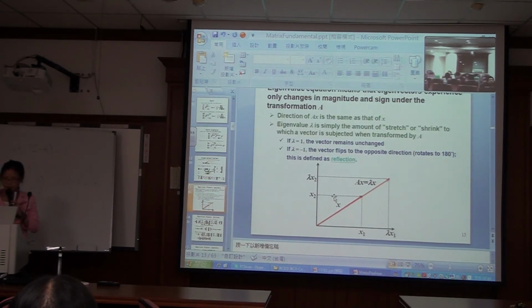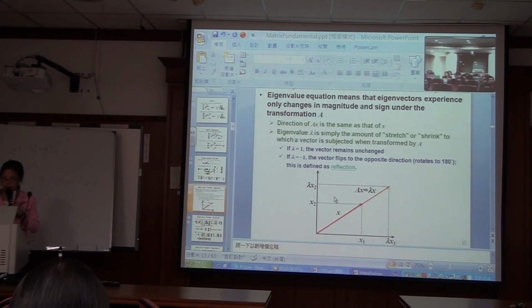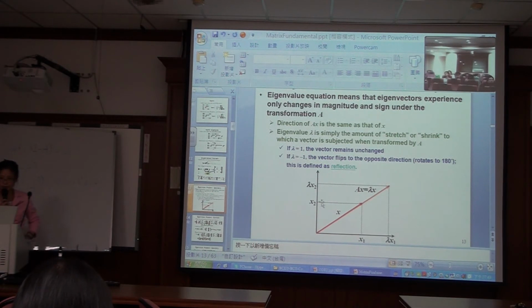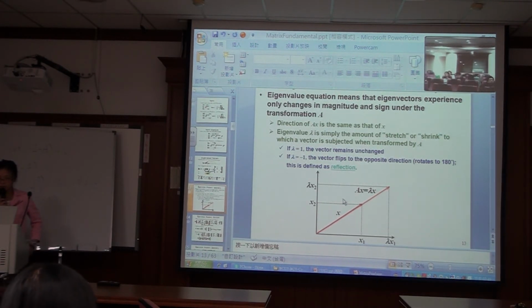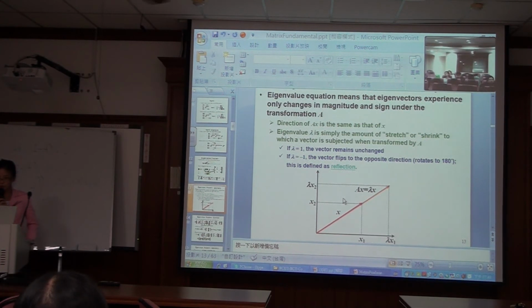This slide again explains geometrically that when we have an eigenvector, then the vector is not changing directions after the transformation A. If the eigenvalue is less than 1, then it just flips into the negative direction.